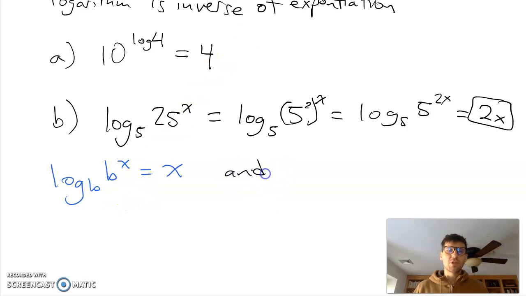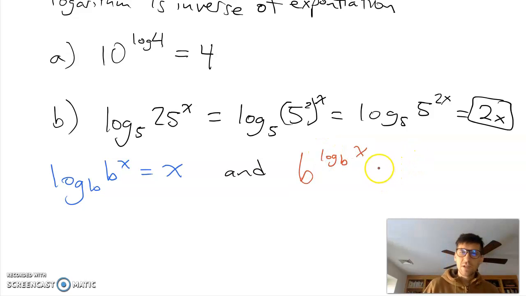And the other thing we just looked at is, as in this first example, if I have b to the log base b power of x, that is just going to leave me x. So just like addition and subtraction undo one another, we could have logarithms undo exponentiation and exponentiation undo logarithms to get you just to the exponent or the input of the exponentiation or the input of the logarithm by itself.